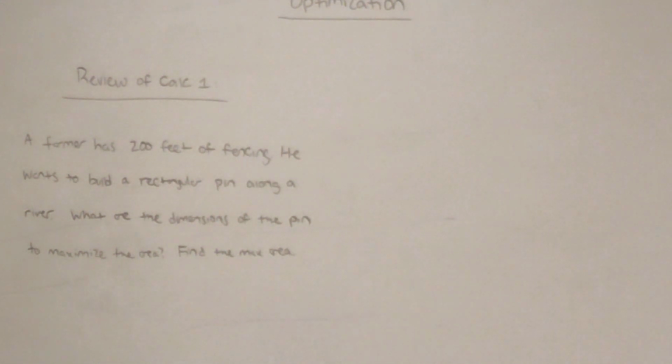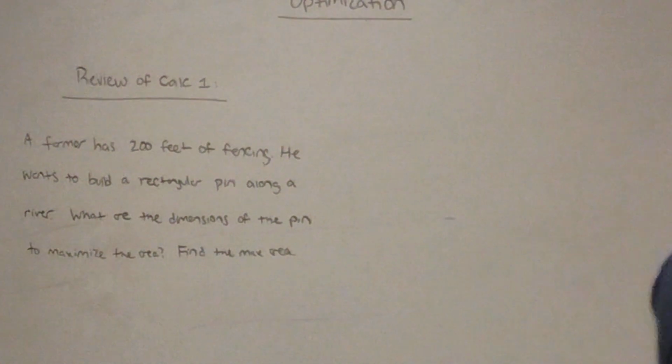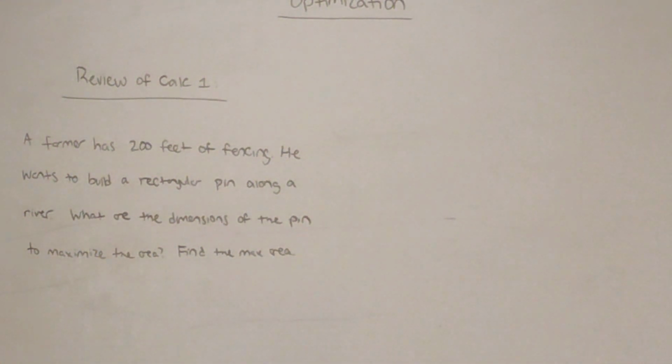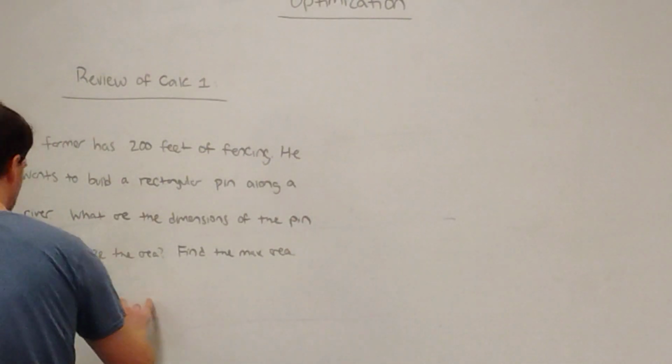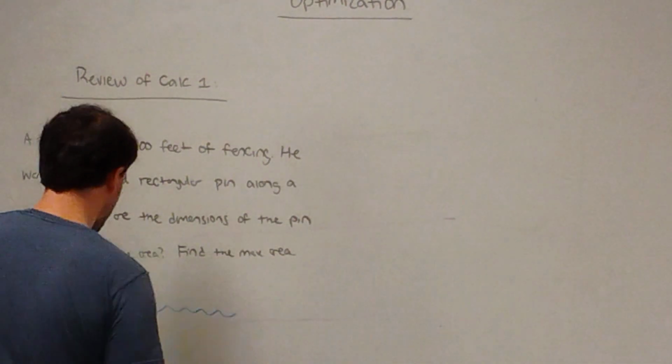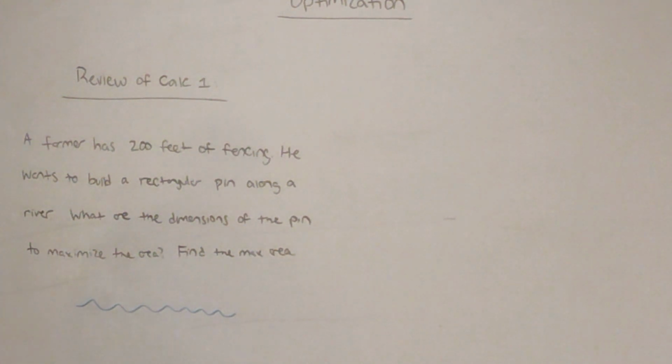So it says a farmer has 200 feet of fencing. He wants to build a rectangular pen along a river. The goal is to find the dimensions that maximize the area of the pen. So I'm going to sketch a picture.